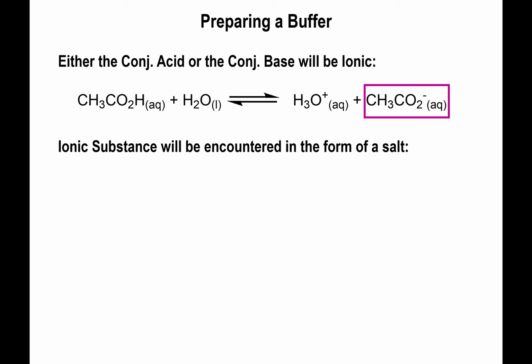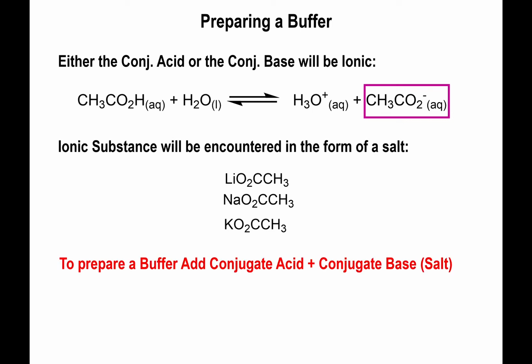So if you are to prepare a solution that contains a buffer, let's say in this case acetic acid with acetate, you're going to have to use acetate in the form of a salt. That could be lithium acetate, sodium acetate, or potassium acetate. It doesn't really matter what the identity of the cation is as long as the charge is being neutralized. These are the things that you actually get to use and buy and store when dealing with compounds, right?